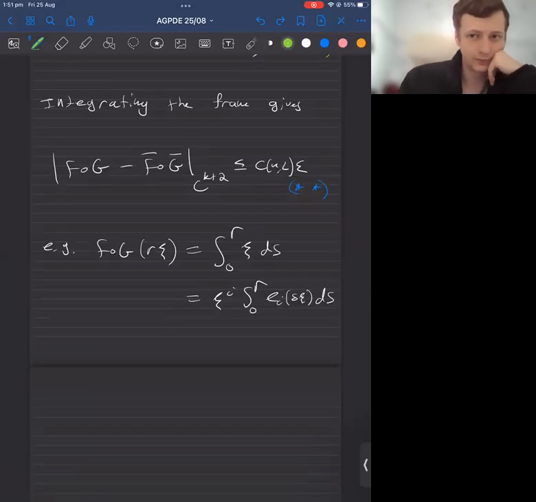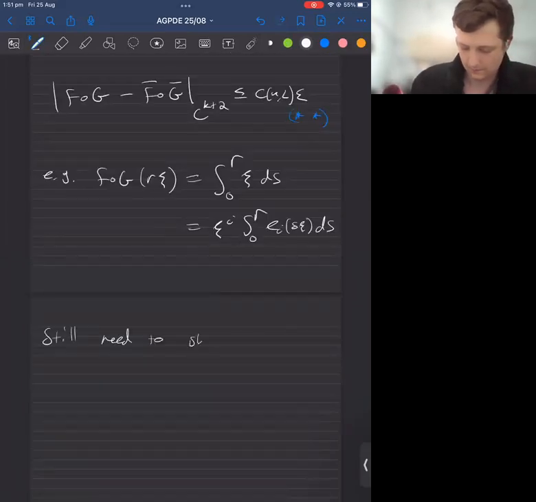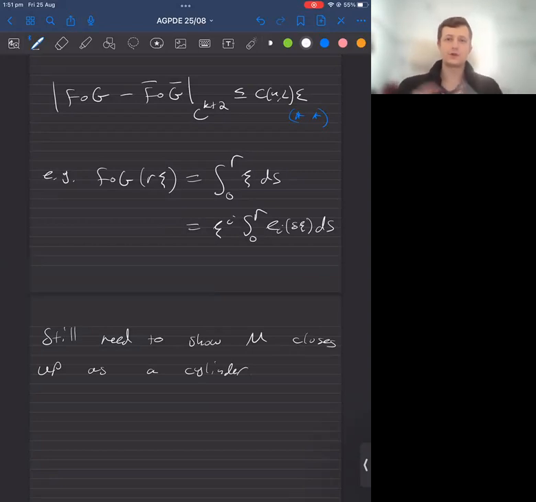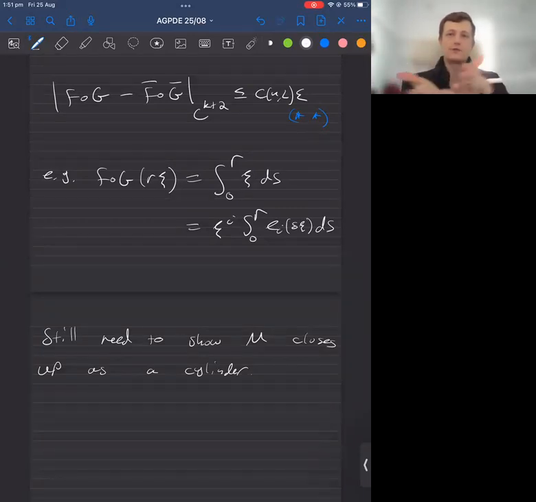Okay. So in the last few minutes, we still need to show that M closes up as a cylinder, right? So far I've got these two parameterizations. It's very close to a cylinder, but there's no reason you can extend that all the way around and for it to connect together.